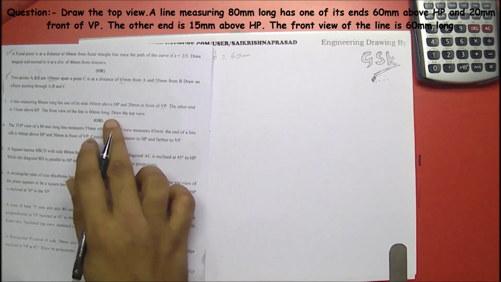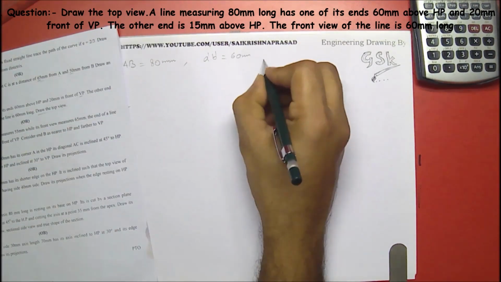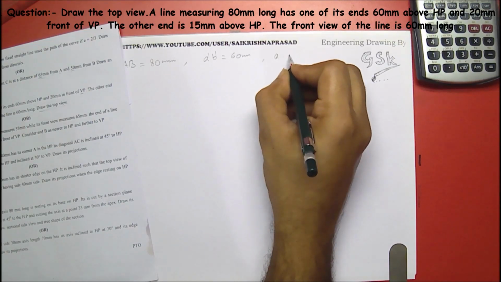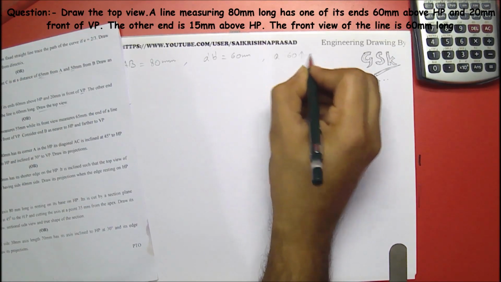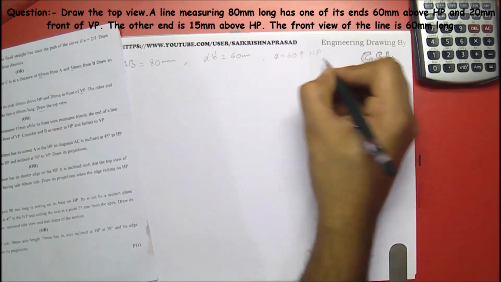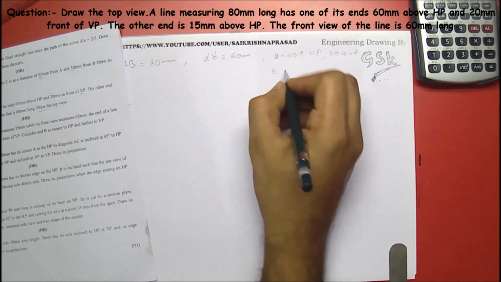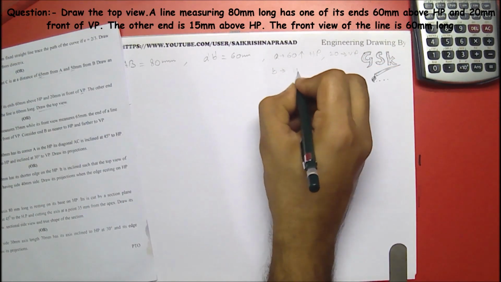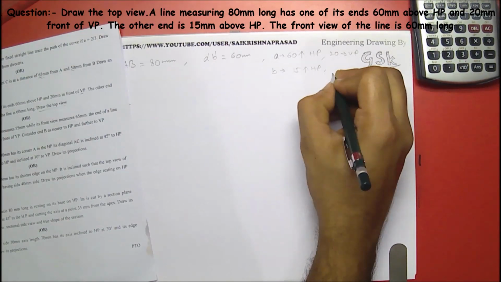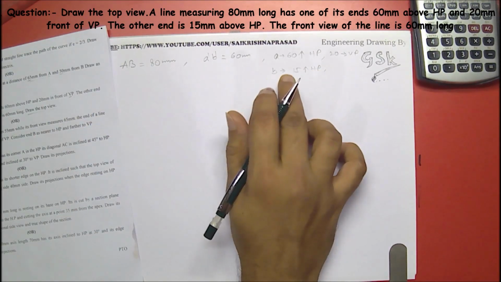One of the points is 60 mm above and 20 mm in front, meaning let me consider the point A is 60 mm above the HP and 20 mm in front of VP, and another point is 15 mm above the HP and its distance in front of VP is not given. So we have to use these data and obtain the location of these points.